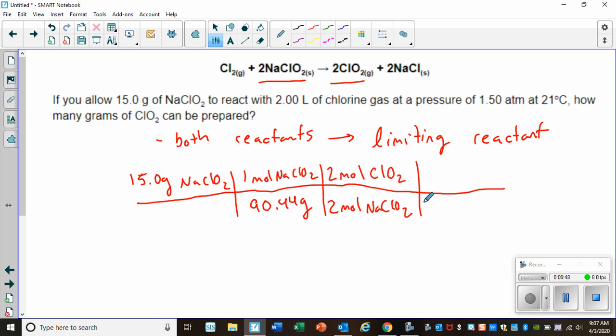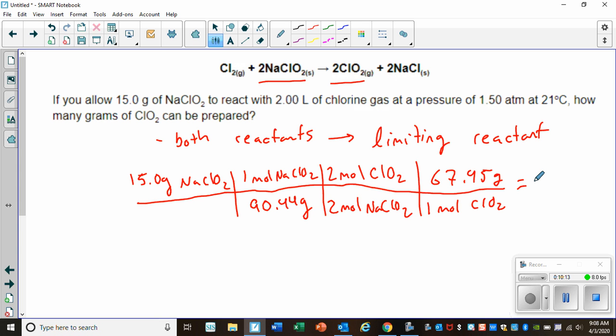And then we look at the molar mass for the chlorine dioxide, that is 67.45 grams. Let me run this through real quick just to see how much.